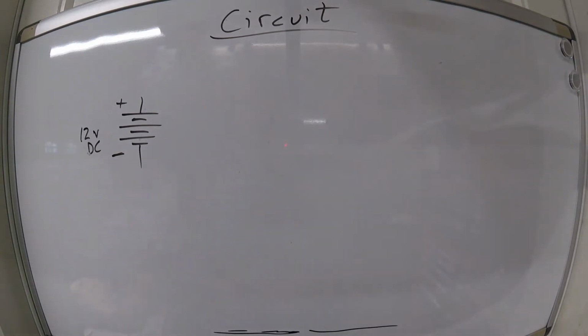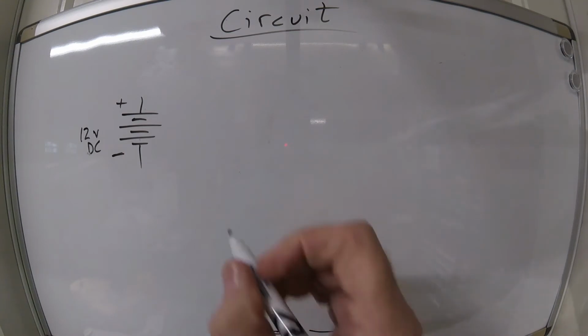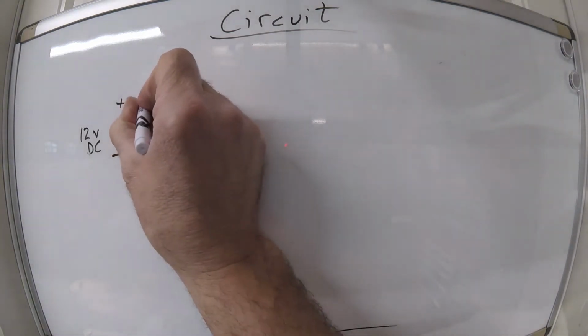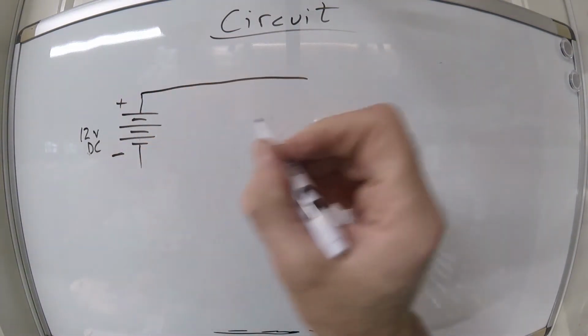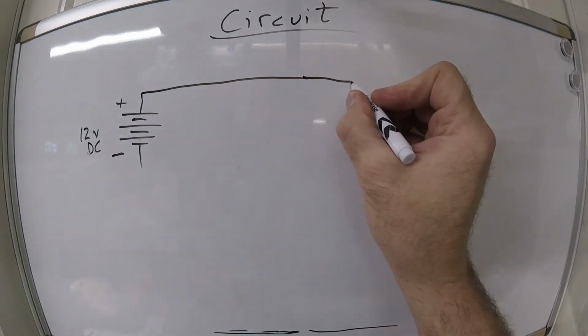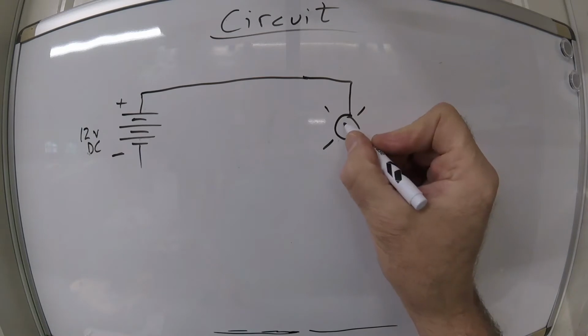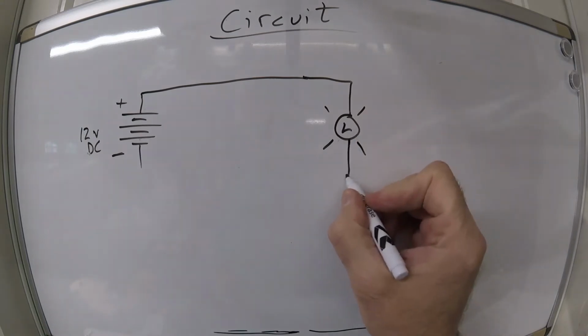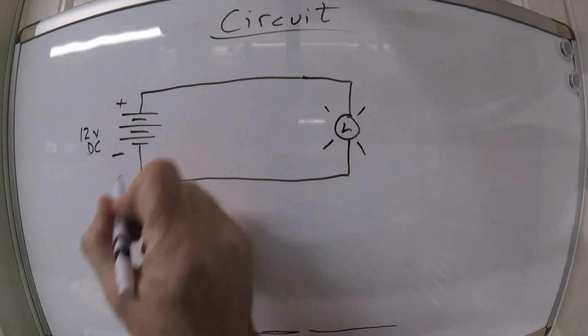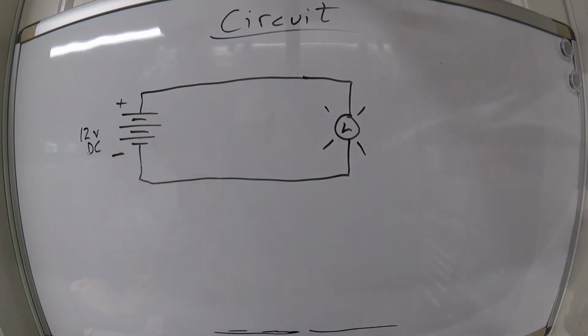So anyways, the very most basic circuit we could have would be to have a source, our battery, and to have a load, and we'll call this a light. And then we go back to the lower side, the lower potential side of the source.